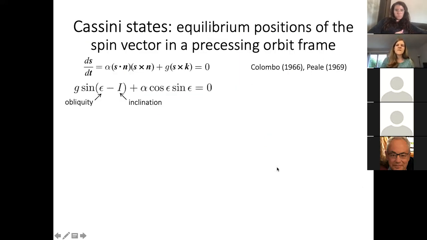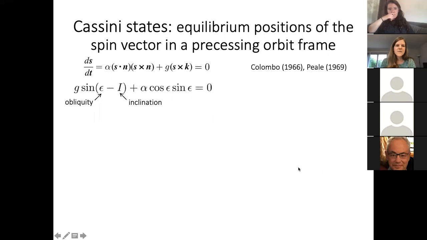So in this precessing orbit frame, Cassini states are the equilibrium positions of the spin vector in this uniformly precessing orbit frame. So basically, they are the points in this frame in which the planet's spin vector is fixed. And this condition can be written with this expression here, where G and alpha are the frequencies I just defined, epsilon is the obliquity, and I is the inclination.